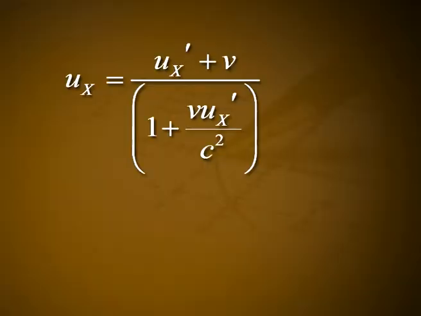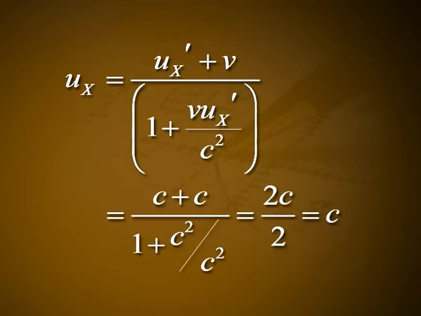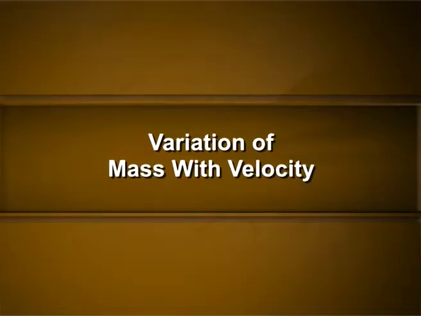Then ux is equal to ux dash plus v all divided by 1 plus v into ux dash by c square, which is equal to c plus c all divided by 1 plus c square by c square, which is equal to 2c divided by 2, which is equal to c. Hence, the velocity of light is the same for the inertial frames, whatever their relative speed may be.